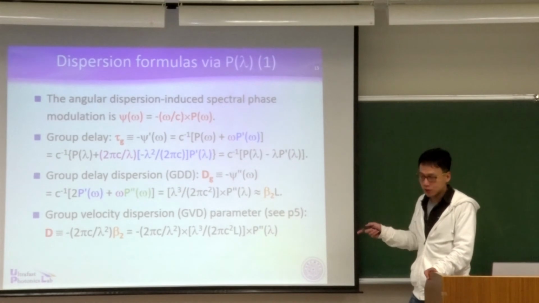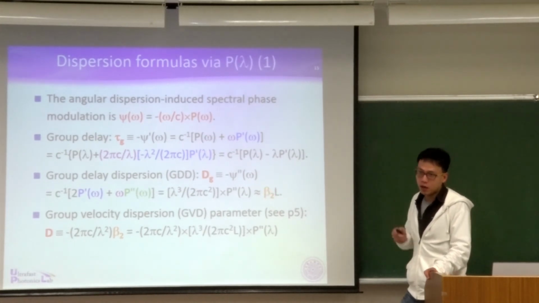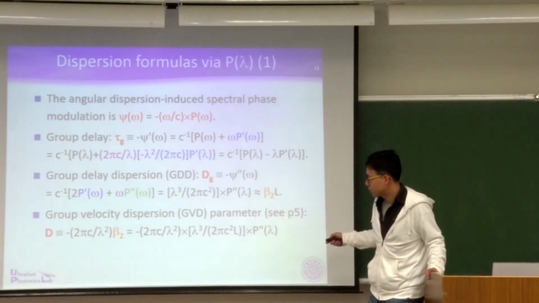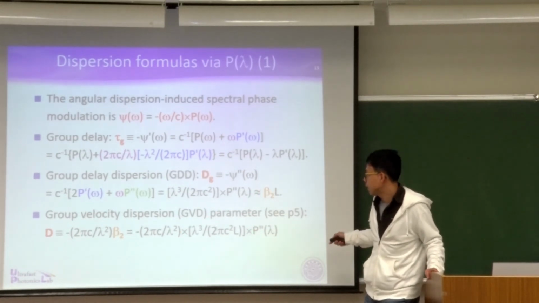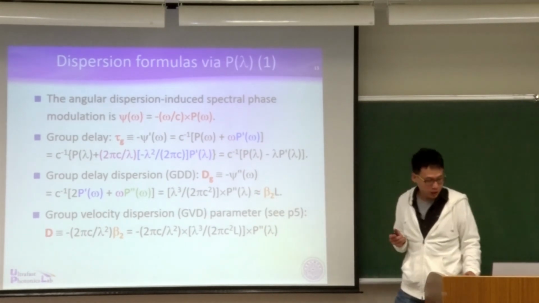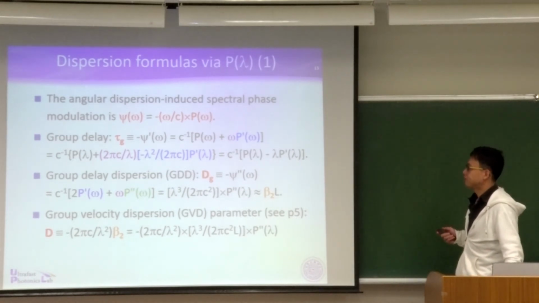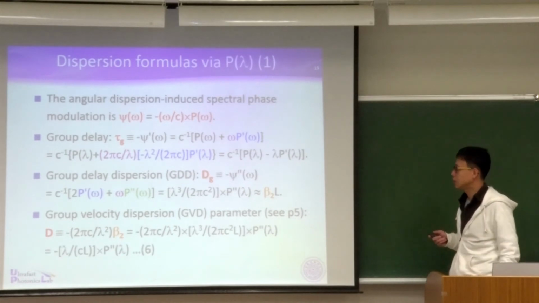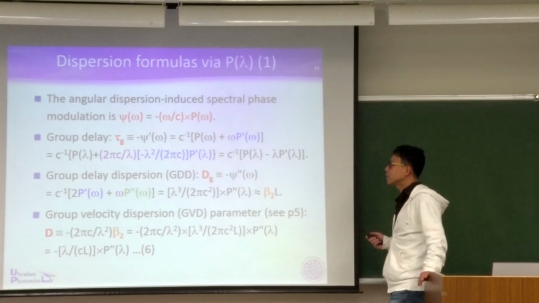You see beta 2 here. And if you use the previous result, what is beta 2? Just divide by big L on both sides of the equality. So you have this one over big L. And eventually you have this formula, the GVD parameter formula. This is the final result, equation 6.